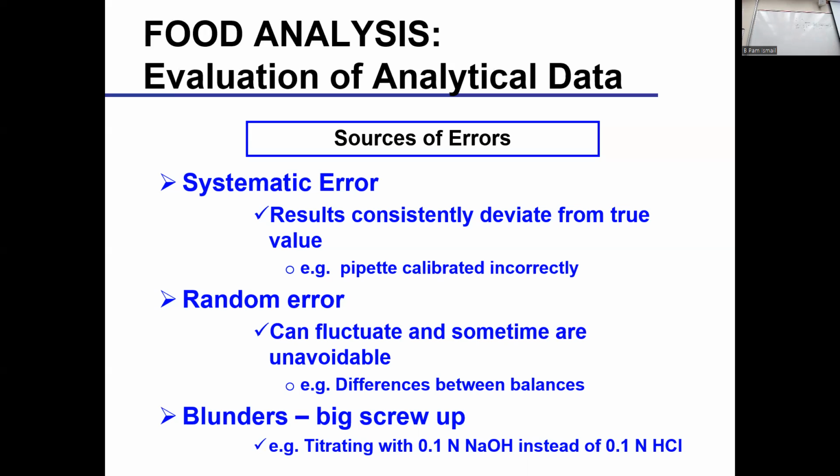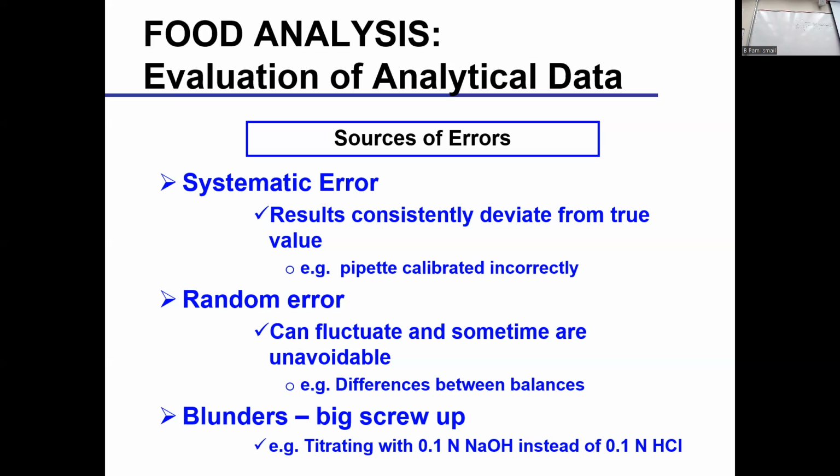Another random error that we can avoid, and we will always warn you about this in lab. Let's say you are doing fat measurement. You are weighing a flask with the fat that you have extracted from a food product. You weigh the flask on one balance. You went and did the extraction and collected the fat in that beaker, flask, or tin, whatever it is, and you brought it back to a different balance and weighed it. So there are two different balances.